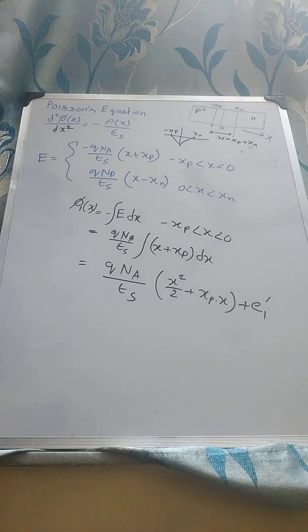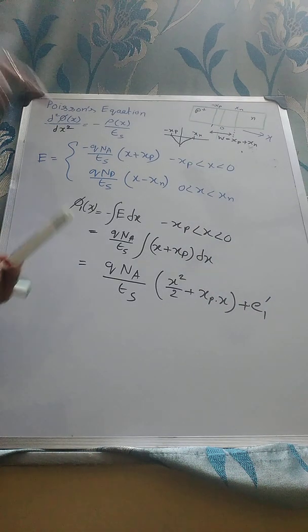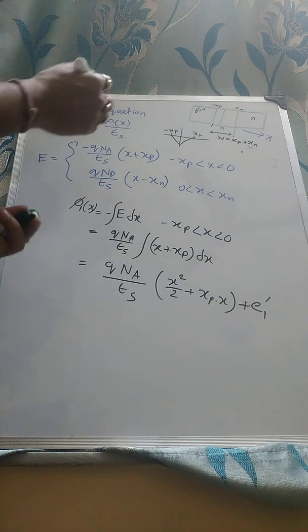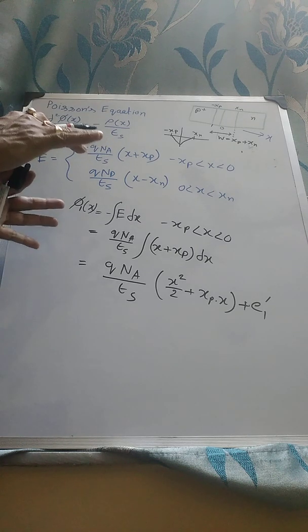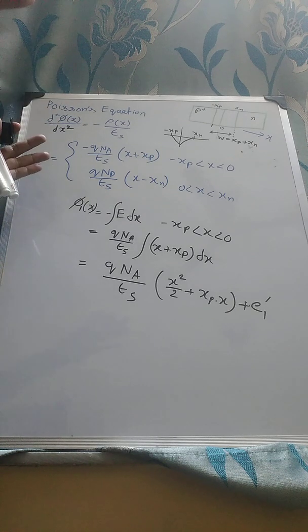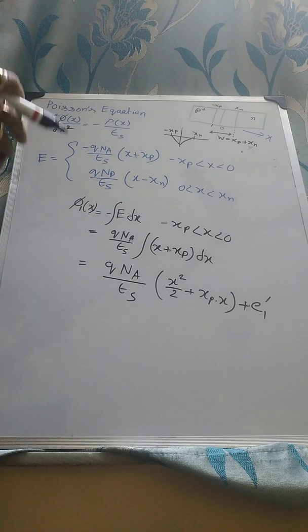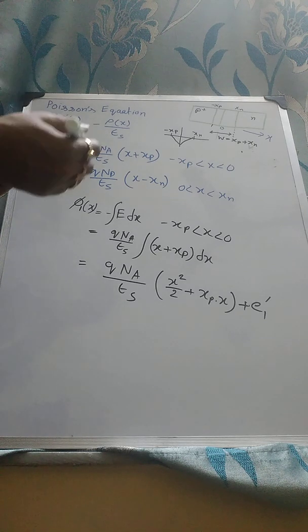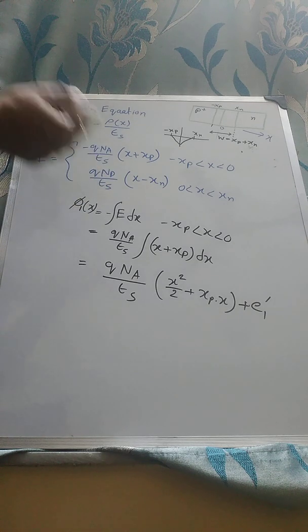So if we want only the potential difference between these two, we can assume that at Xp the potential is a value which we can take as reference, and we can say that it is at zero value.